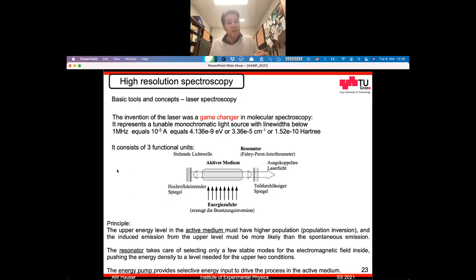And then you have this avalanche effect, because through this induced emission, a photon that hits an already excited level will cause induced emission, with the photon that is emitted in the process of relaxation being coherent in terms of phase relation to the incoming photon.